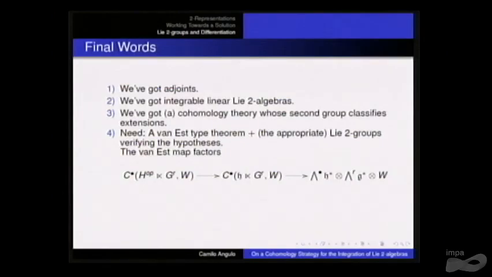For the general Van Est, though, I know that the map can be factored as this map, which is the Van Est map of Lie groupoids. And therefore, because of the theorem of Marius Crainic, this is going to be an isomorphism in cohomology depending on the connectedness of the fibers, which in this case are going to be H. So I'm exactly in the same situation.